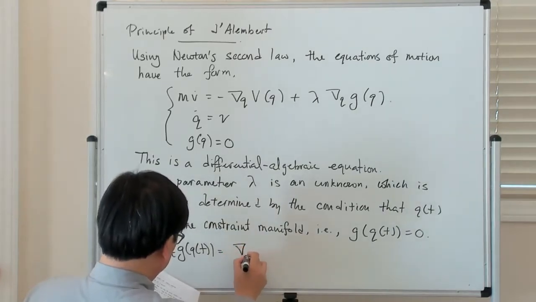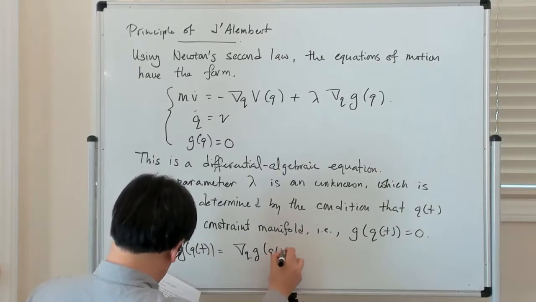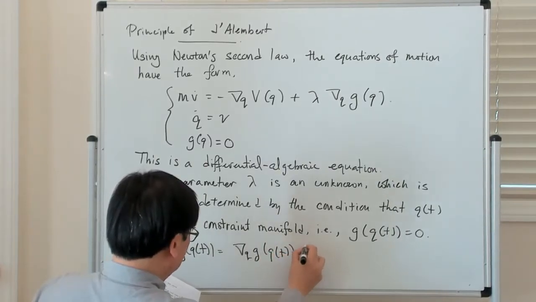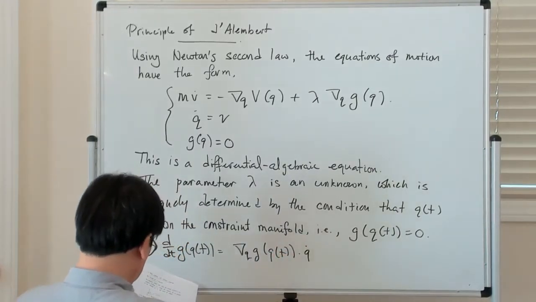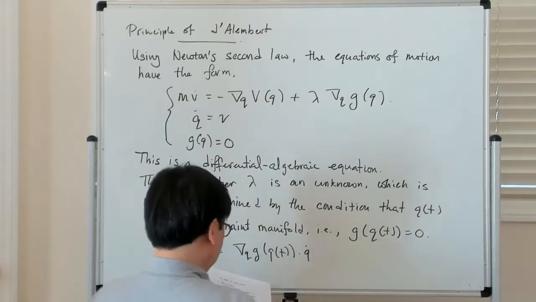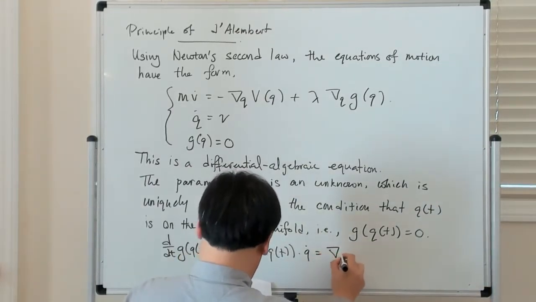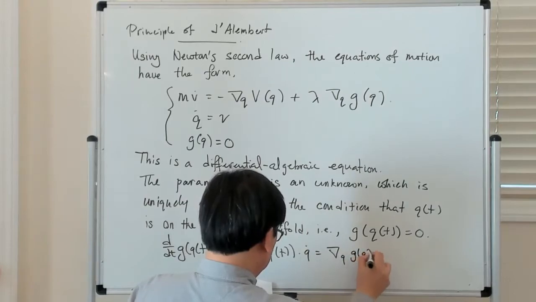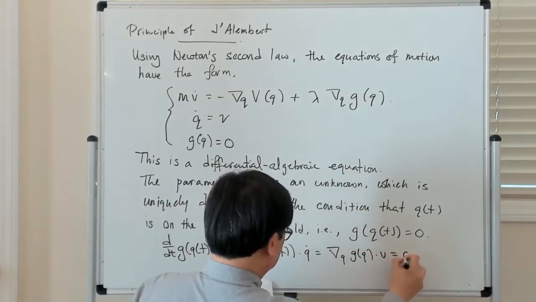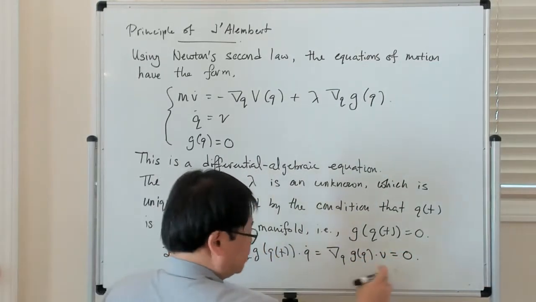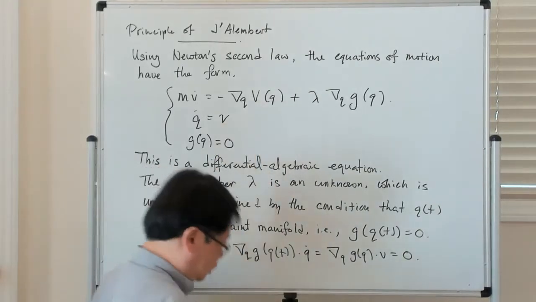So the gradient of g at q of t times q dot. And so I can write this as the gradient of g times v, since q dot is v, and this is equal to 0. So here I substituted one of the differential equations.